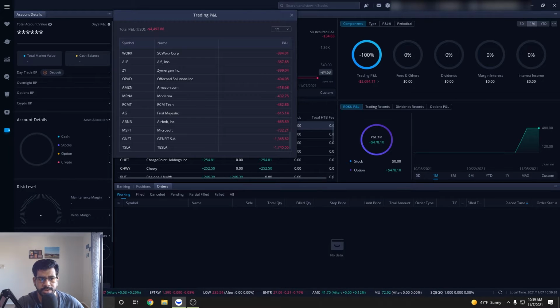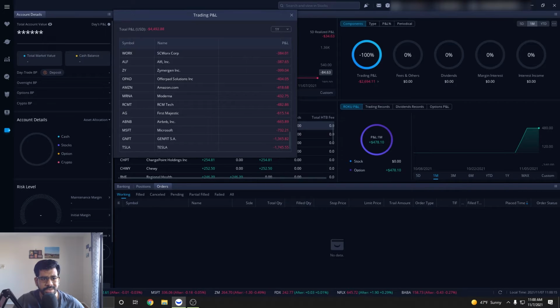I was holding that during the earnings period, and on earnings it dropped significantly, and it put a big dent in my account. Since this last earnings, I made around $600 trading put options on Amazon. At the same time, I was watching the price action of Amazon closely, and I recovered most of my losses. I'm still down $418 on it, but I will recover that quickly.